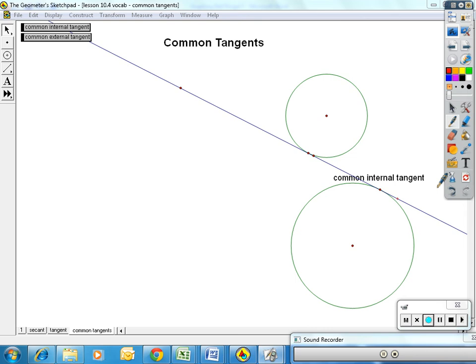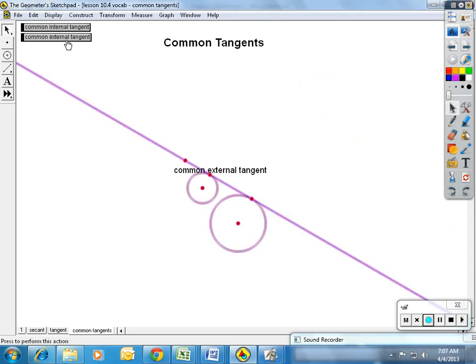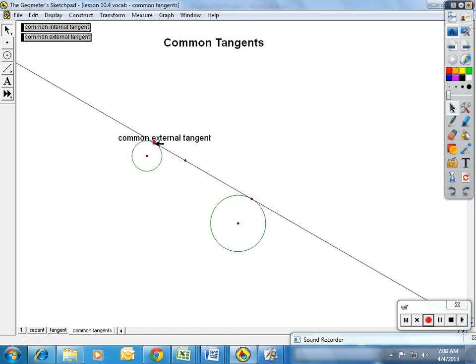That's going to be different than this, where we still have a common tangent between two circles, but notice that the tangent is not going in between them, but is going outside them. So we call this a common external tangent.